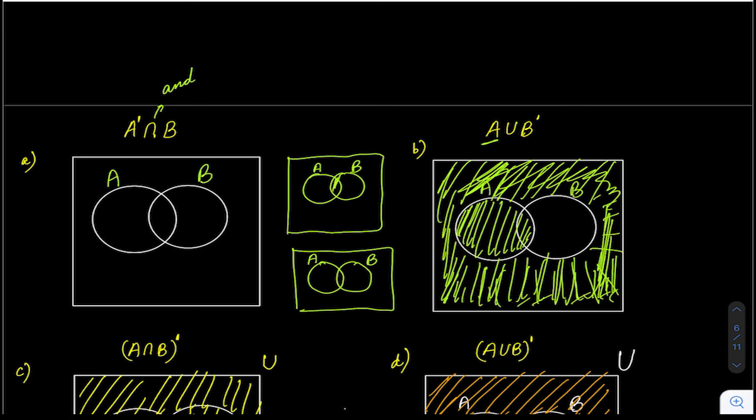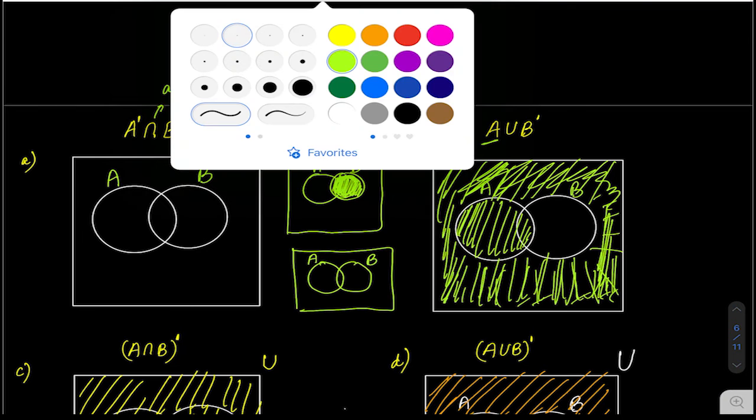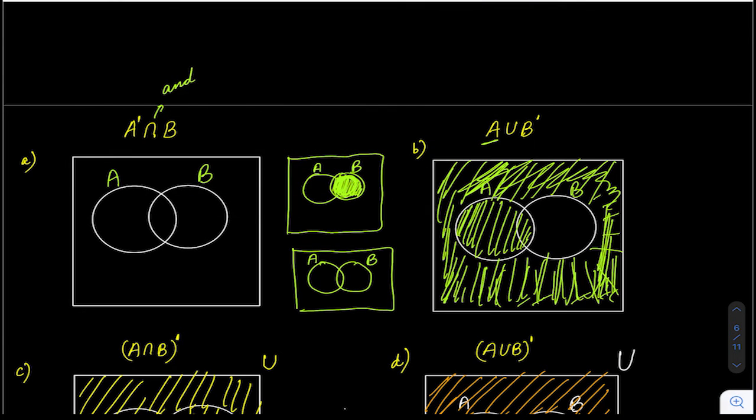For example, B we know is this small circle, the right circle. Now what is not A? That is A complement, which we just did: everything except A, so this outside part. Now what is common in these two? The common part is this part, as you can see.